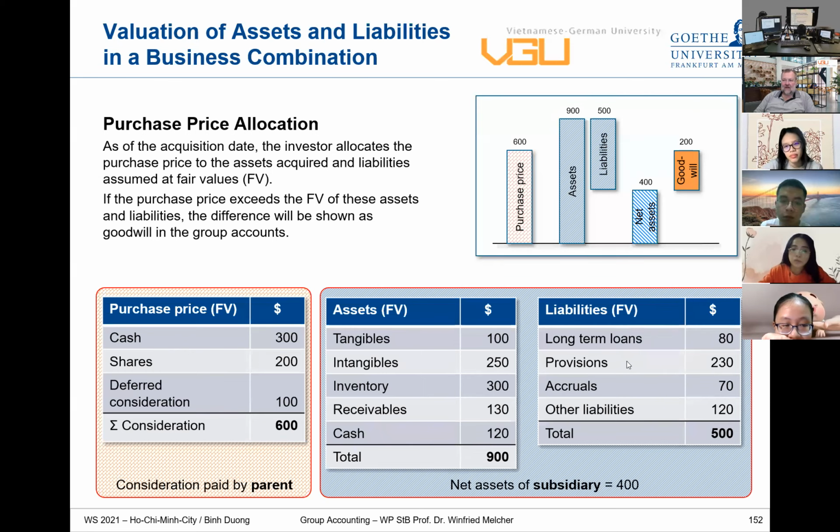So remember, if there is a restructuring problem in the company, the provisions should also include the restructuring provisions that the investee did not include in their books. So provisions and accruals are always things where you should look very closely, because there might be some things not included in here.